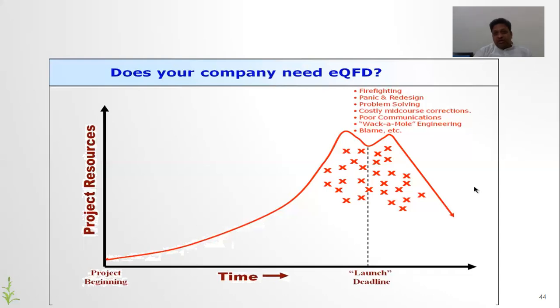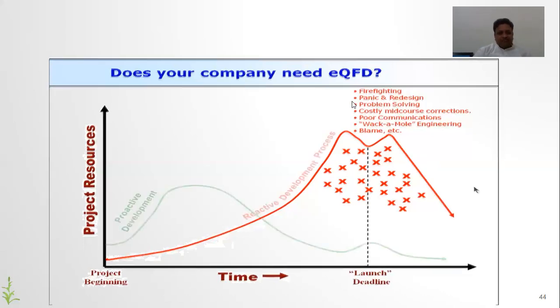Costly mid-course corrections, last-minute changes, poor communication, whack-a-mole engineering, and blame. So a lot of activity is concentrated at the launch deadline, which may adversely affect either the product or the brand name, and it will definitely dent the cost itself.